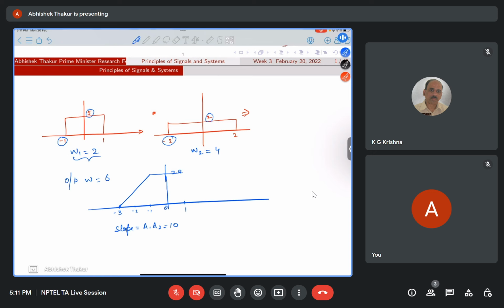And then again it will decrease by the slope of 10. It means at value 2 it will be 10, because the slope is minus 10 here and it was 20. So after 1 unit it will decrease by 10. So this is 10. So this is just the convolution.